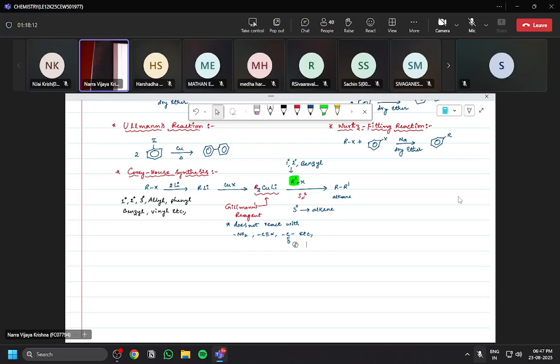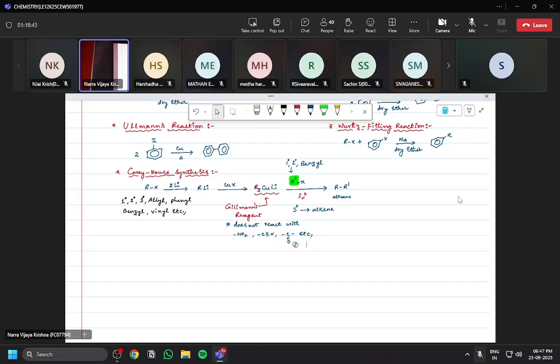Response, sir. Then page number 93, elimination reactions, 94 E1 elimination, 96 reaction with metals, done. Next heading, reduction of haloalkanes. So we are going to see reduction of haloalkanes. Then page number 99, Wurtz-Fittig, Ullmann.